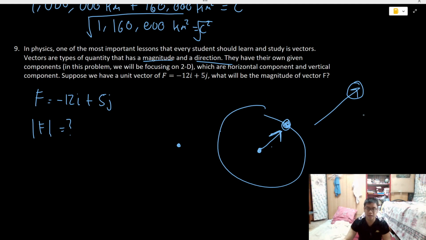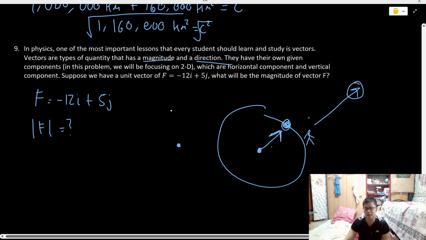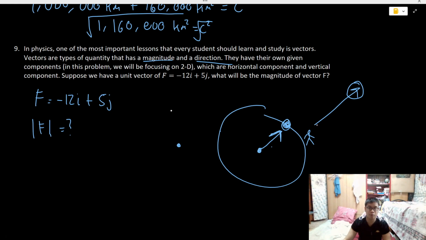All right. So here in the vector, there's always a horizontal component and a vertical component. Let's take a look at this, for example. Suppose this is you, and you will go in this direction. If this is your vector, expect that you will have a horizontal component.